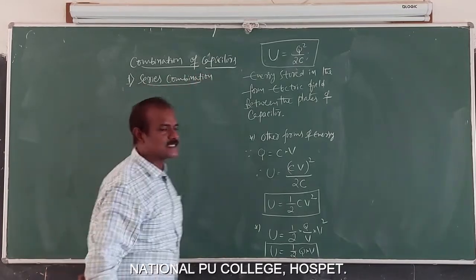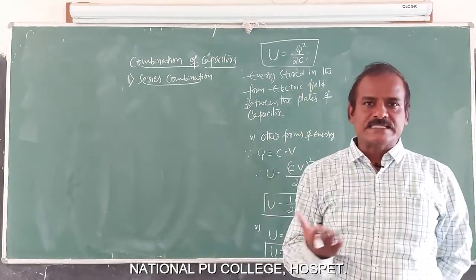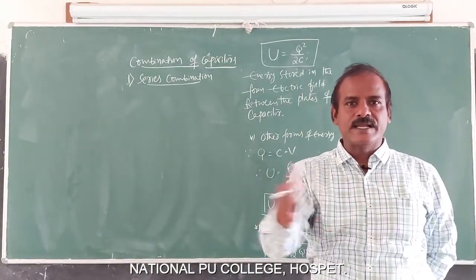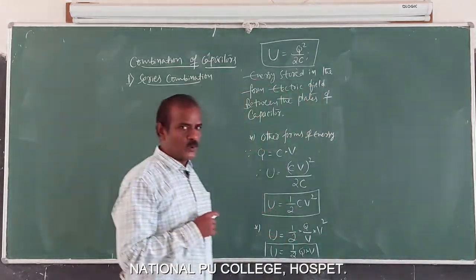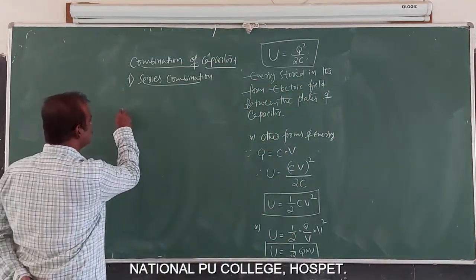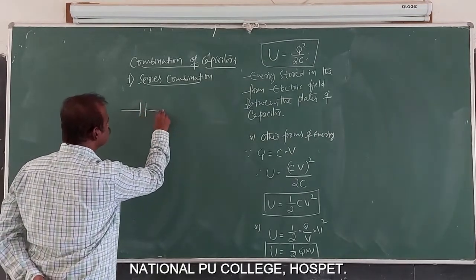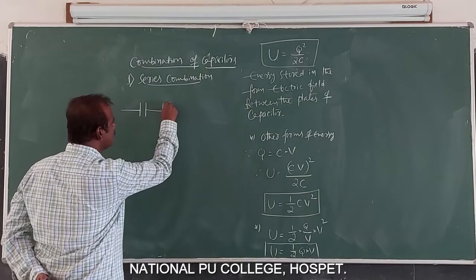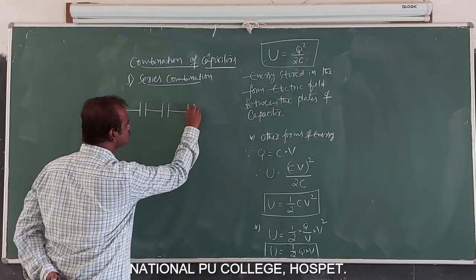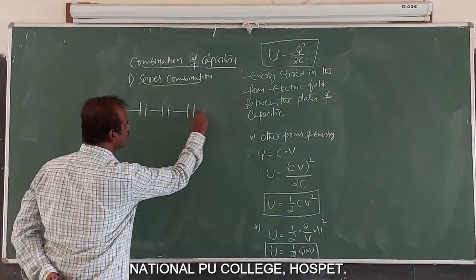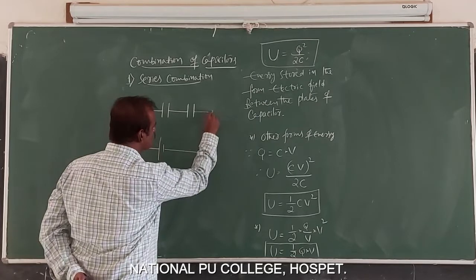How are the capacitors connected in series? Well, students, as the name suggests, series means connecting end to end. Capacitors are connected end to end. How would the combination be? Consider, for simplicity, 3 capacitors being combined in series. So the arrangement is connected to a battery as usual.